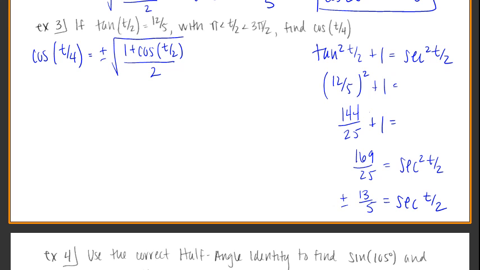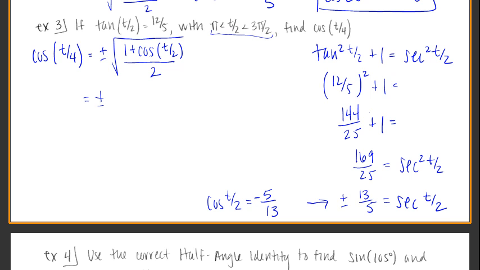Okay, so secant, remember, is just the reciprocal of cosine, so all of this is saying is that cosine of t over 2 is actually the reciprocal, which is 5/13. And t over 2, taking this as is, because it has t over 2 in the middle, between pi and 3 pi over 2, our cosine should be negative.